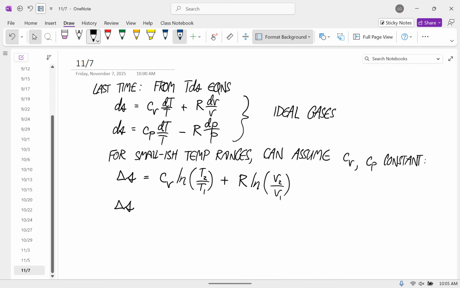So another way to express this change in specific entropy is integrate that second one, and you get Cp natural log of T2 over T1 minus R times the natural log of P2 over P1.